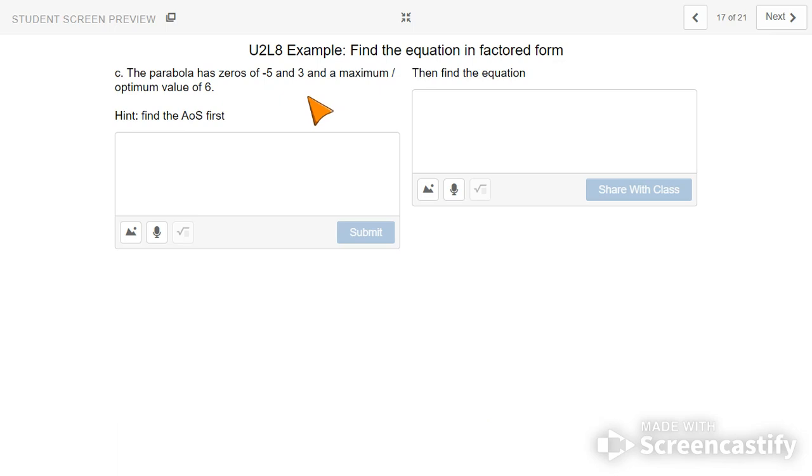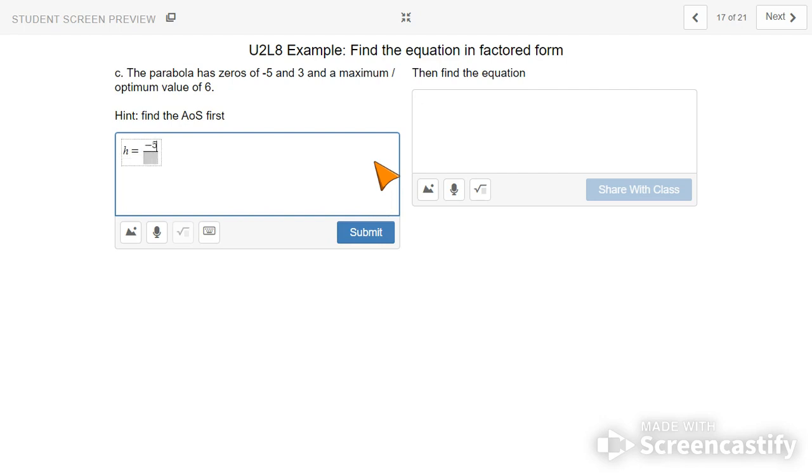Let's do one more example. We have a parabola where the zeros are negative 5 and 3, and a maximum or optimal value of 6. A maximum value means that this is our vertex. We only know the y-coordinate because the y-coordinate can tell us the maximum. So we need to know the x-coordinate of our vertex. So let's find the axis of symmetry.